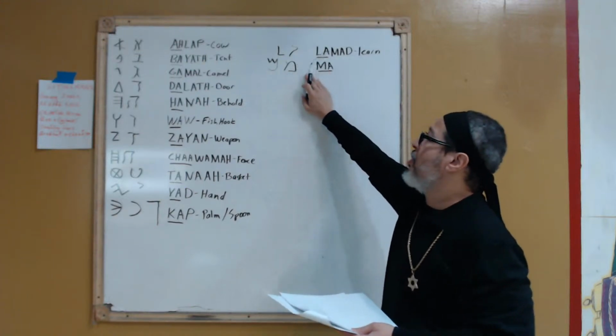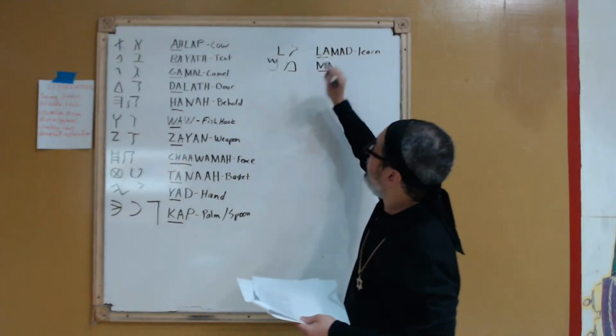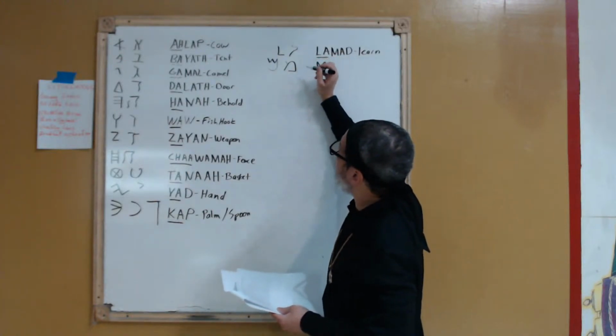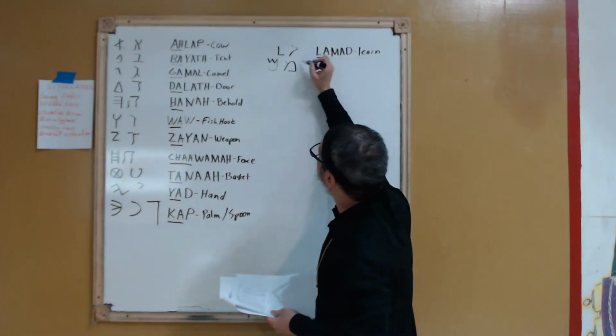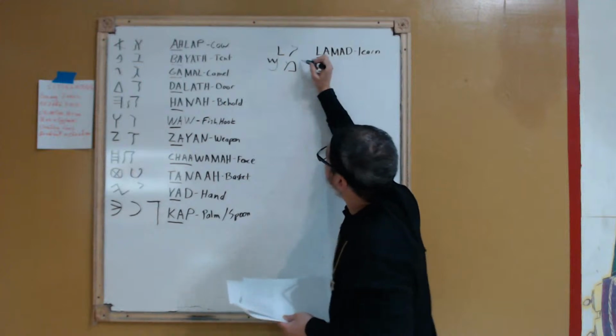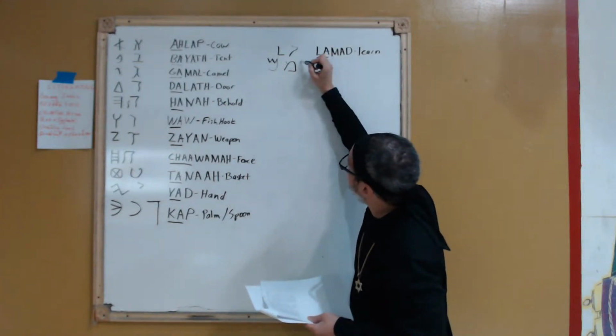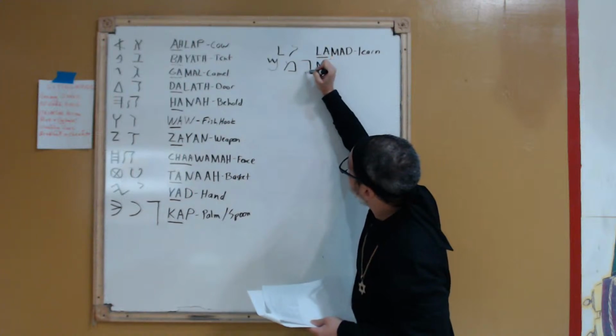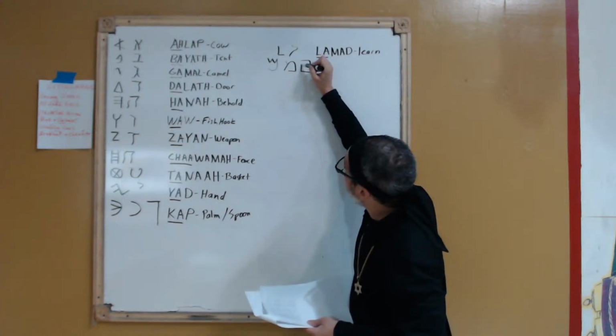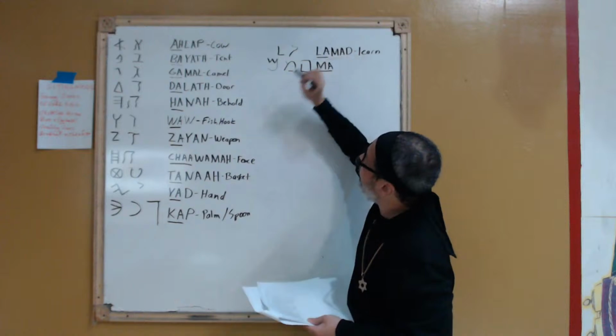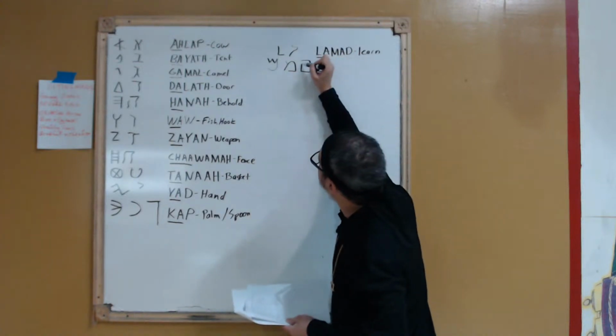Now, at the end of the word, it's fully closed. It's a little bit more squarish, the character. But as I draw it, you'll see I go across, down, left, up, and then I go on an angle to close it.